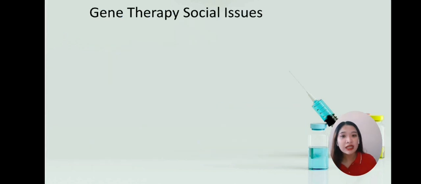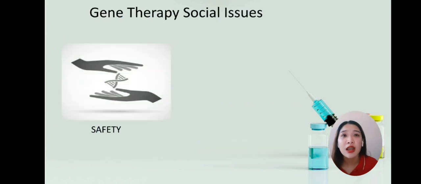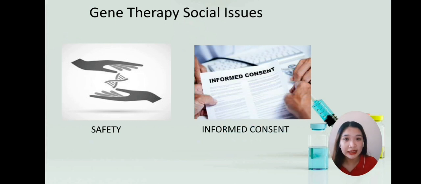Gene therapy social issues. The first one is safety. Due to the possibility of off-target effects, such as edits in the wrong place, and when some cells carry the edit but others do not, safety is a primary concern. The last one is informed consent.